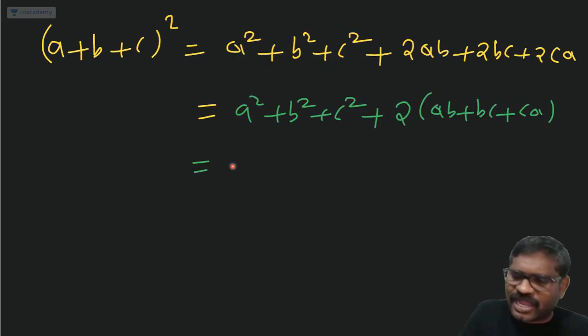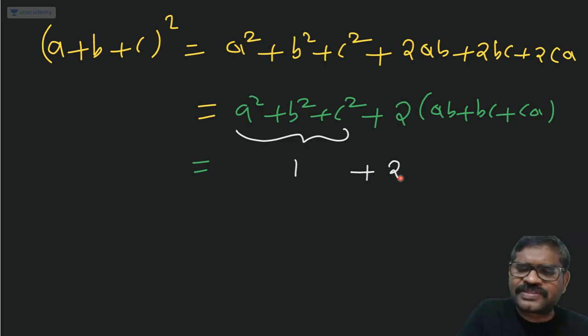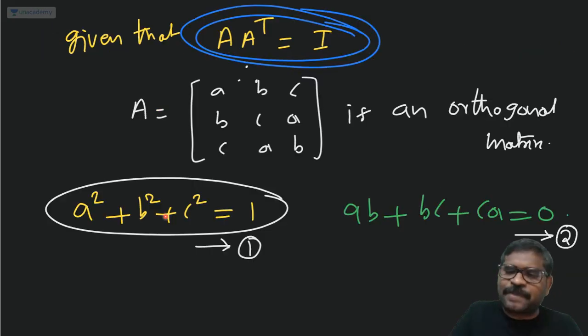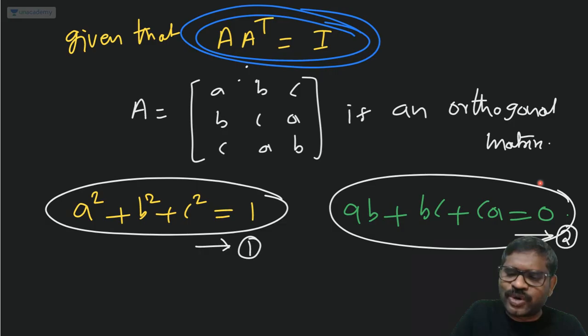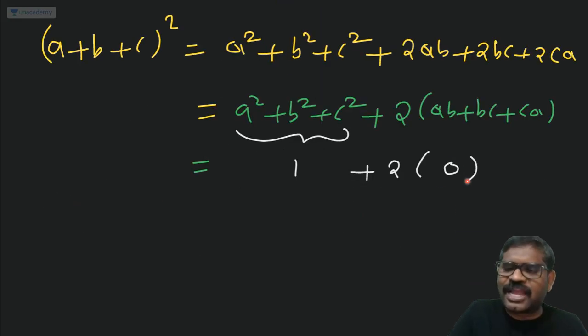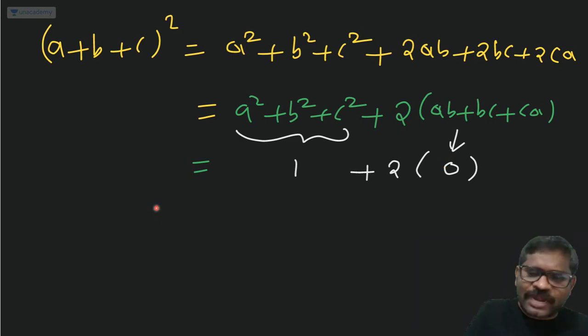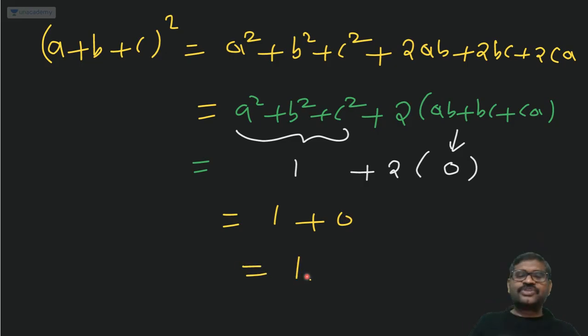That's why I am writing here 1 plus, and ab plus bc plus ca equal to 0, that's why I am substituting 0. 1 plus 0 is equal to 1. So a plus b plus c whole square equal to 1.